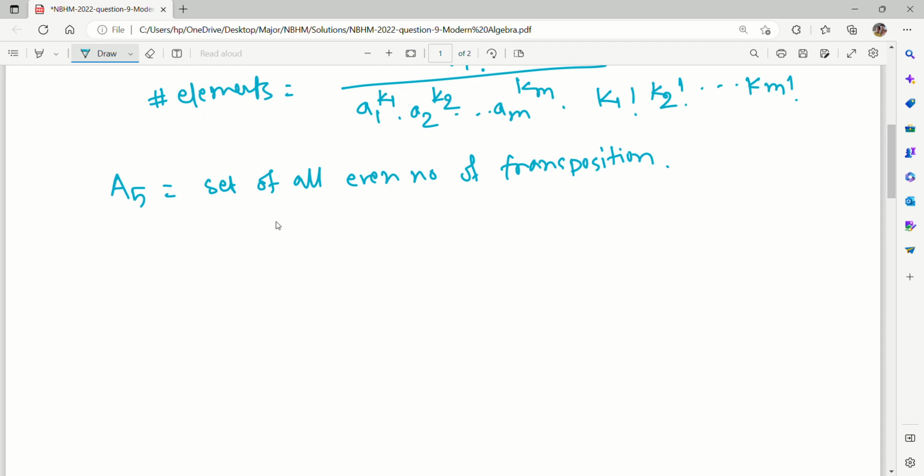So now we look at the elements of order 1. How many elements of order 1 are there? Only one, which is the identity.